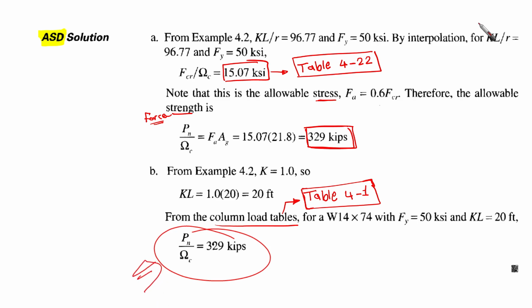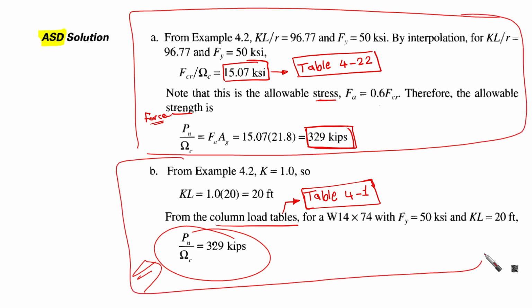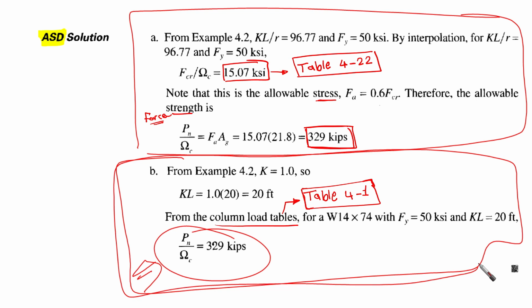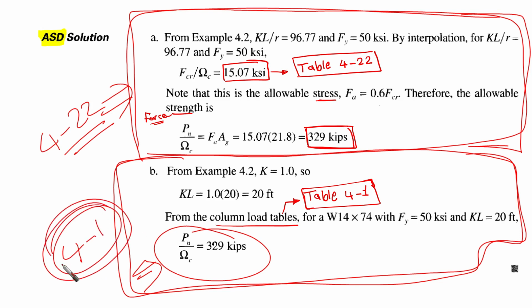Okay, now this explains to you in a very effective way the difference between the two ways for us to design the column. It's not the design, only to use the tables. That's it. This is the main reason for what we are doing here. We have table 4-22 here, and we have table 4-1 here, and we said that commonly it is easier to use table 4-1 because it directly gives you the design strengths if we are talking about LRFD, or the allowable strengths if we're talking about ASD.